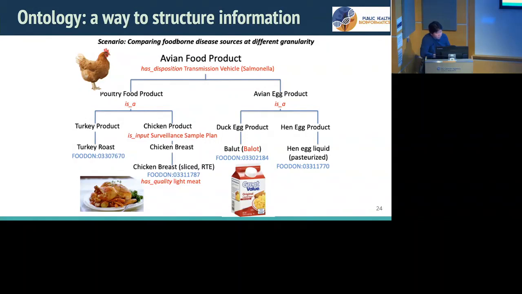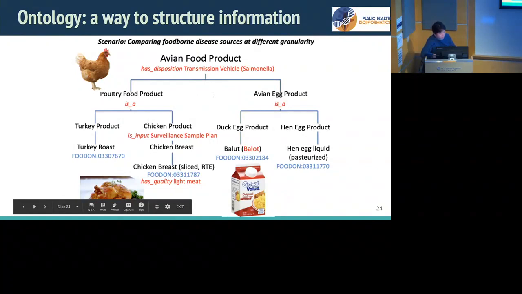So here's an example of how ontology can be encoded. At the high level, you can have a term called avian food product, and usually ontology is hierarchical. So finer terms basically have a parent-child relationship with the broader terms, typically speaking, but not always.